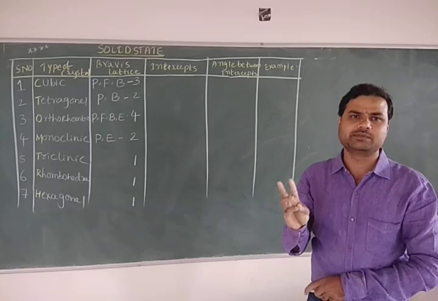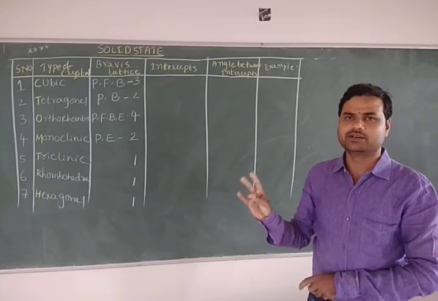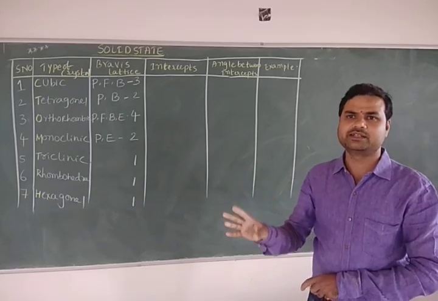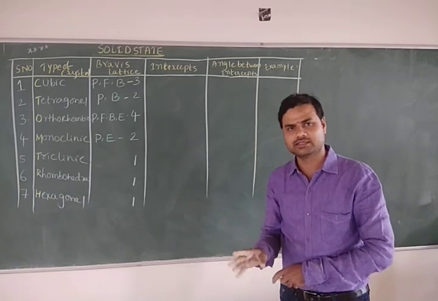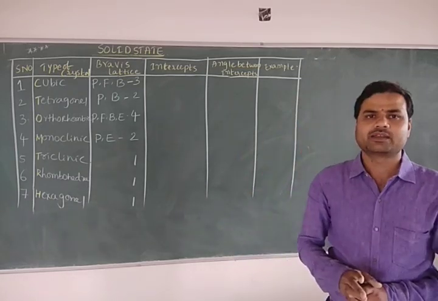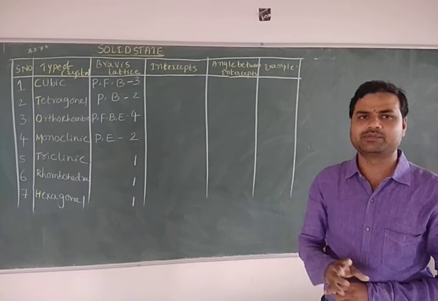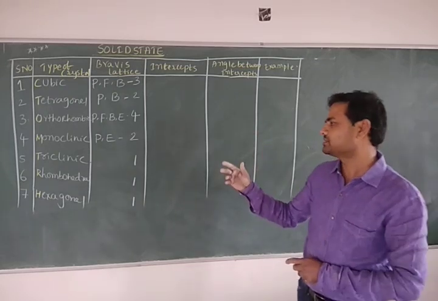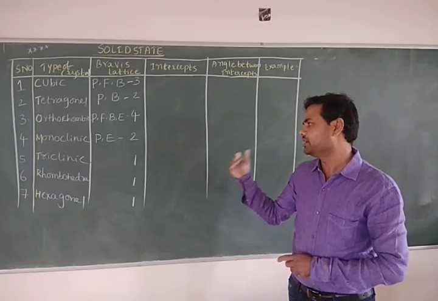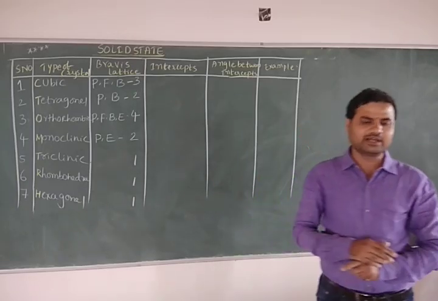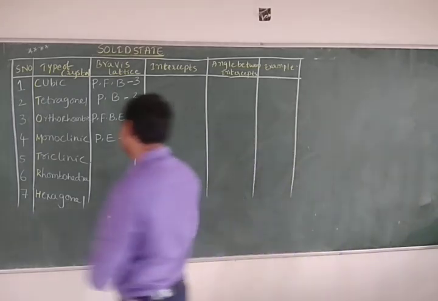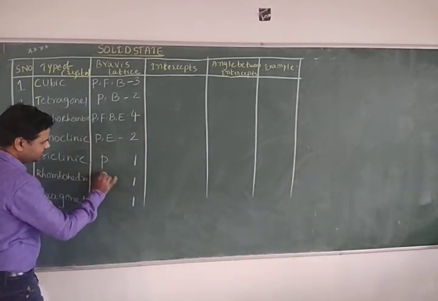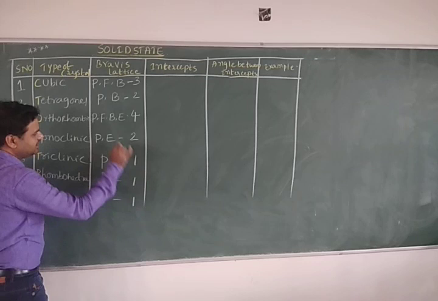Primitive means simple cubic. Face centered means atoms are arranged at the faces as well as at the corners. Body centered means corners as well as the center of the body. Totally 3 types. Is it clear? Next one is 2 types. Orthorhombic 4 types, monoclinic 2 types. Next ones are all 1 type only. All are arranged in 1 type, that is only primitive.